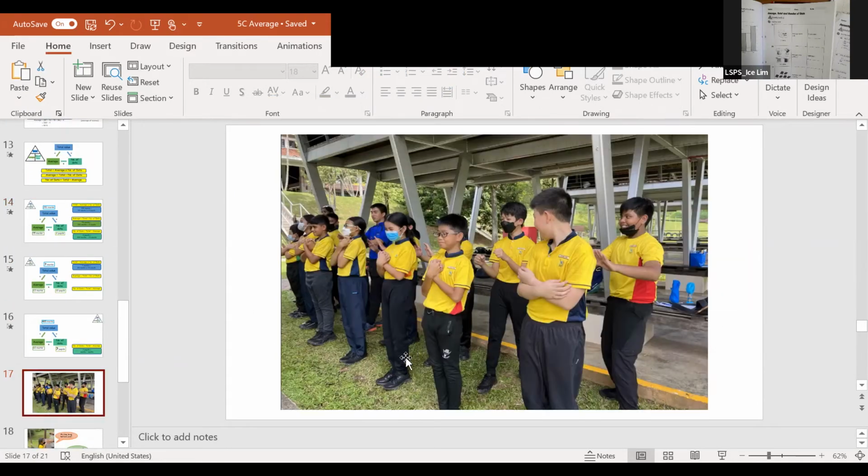Anyway, yesterday we were talking about smoking, and then I had this photo, right? And here, Jaden is trying to look relaxed. You can see him sniggering and smiling.